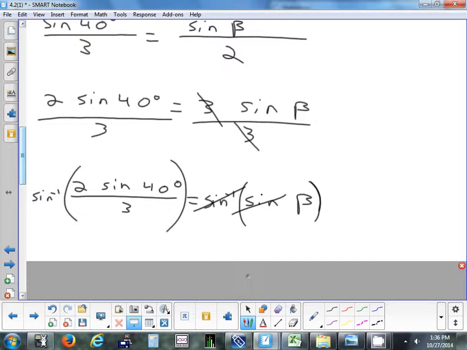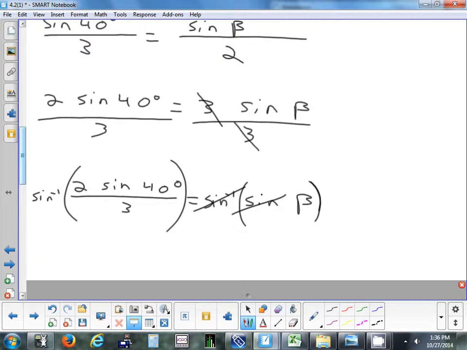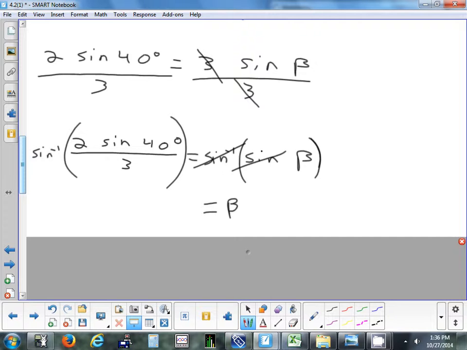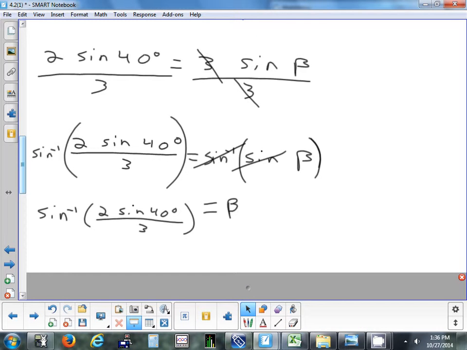Okay, what that does on the right is it cancels out my trig functions, and I'm left with just beta. Okay, and what is beta? It's the inverse sine of 2 sine 40 divided by 3.